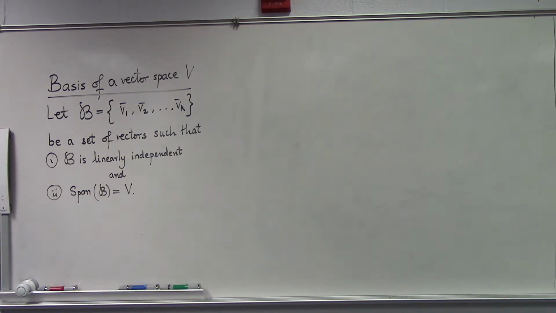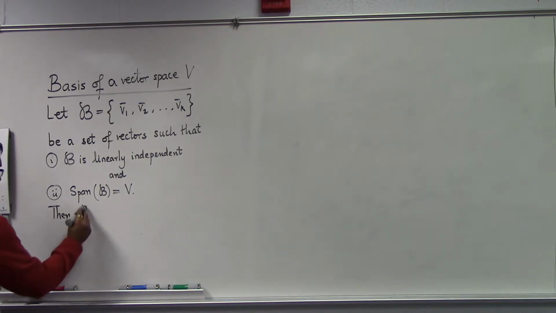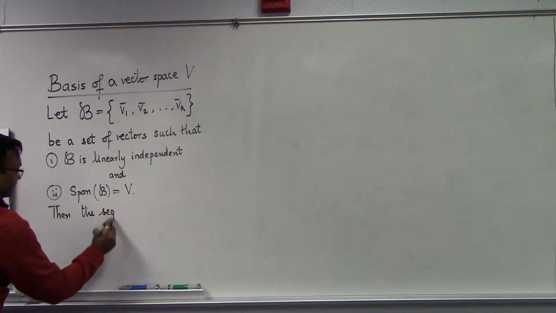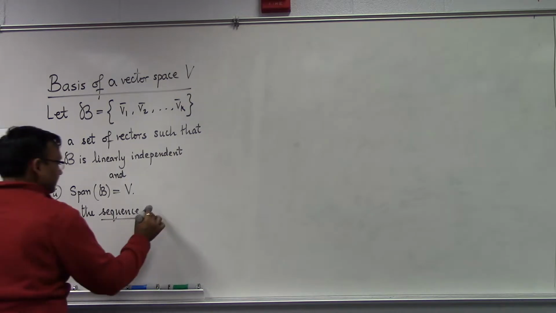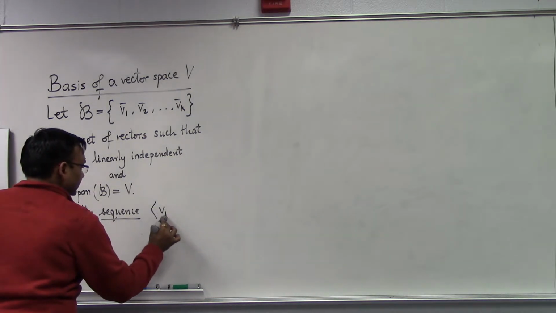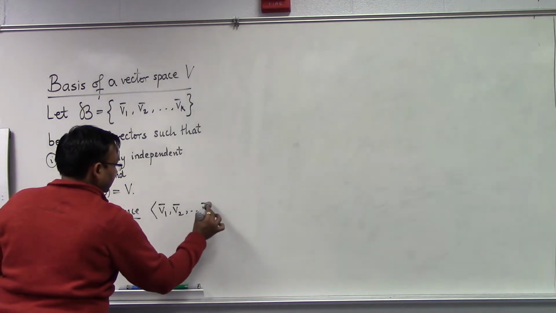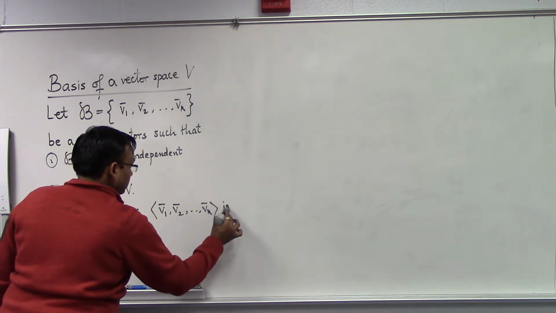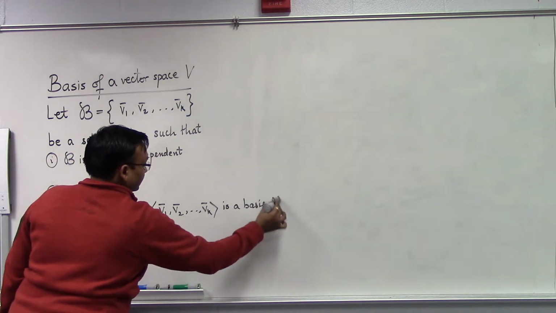Suppose I have this set of vectors which is linearly independent, and the span of the set gives me the total space. Then the sequence, I'm using these special brackets so that we know that order is of importance here, is a basis of V.